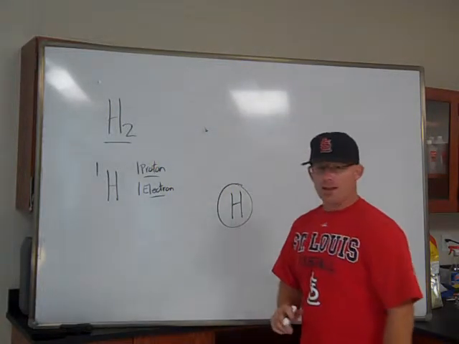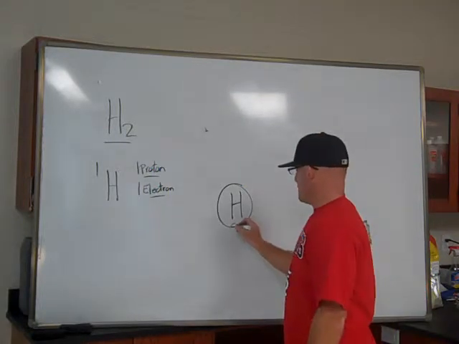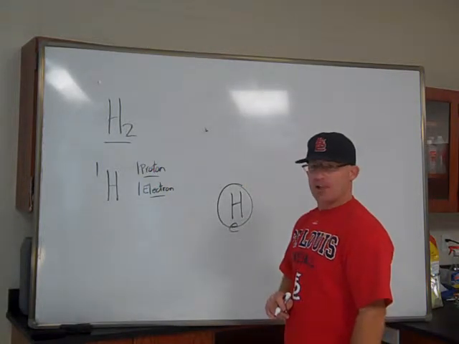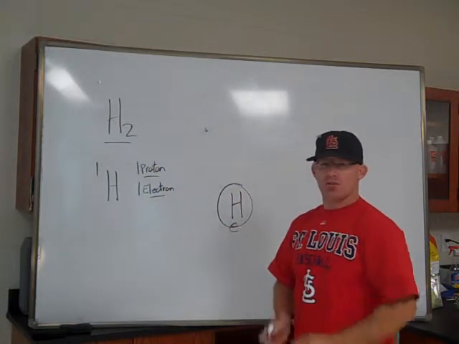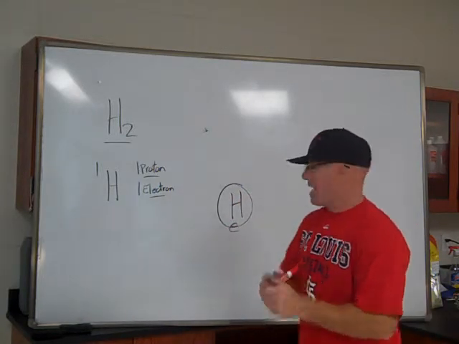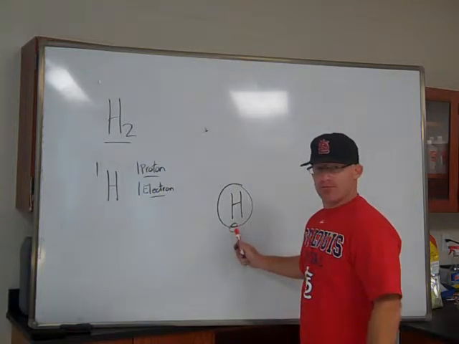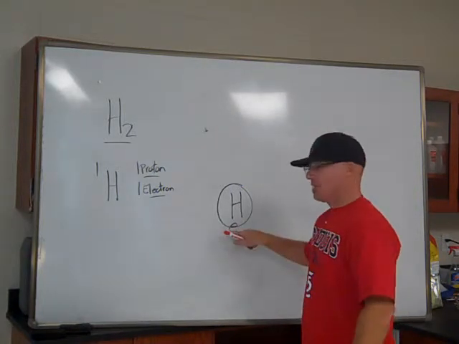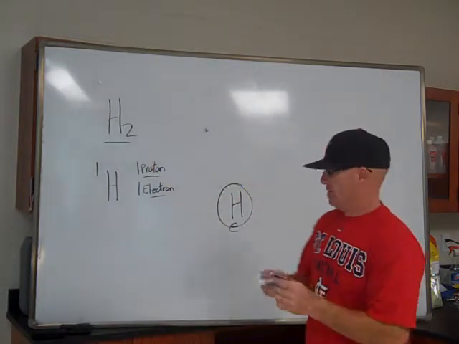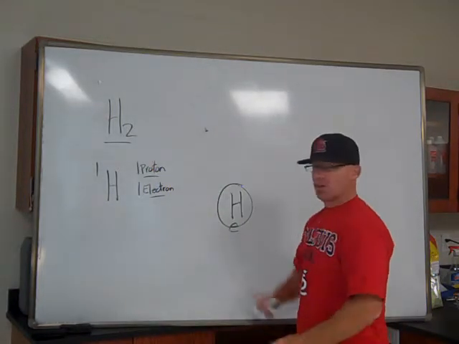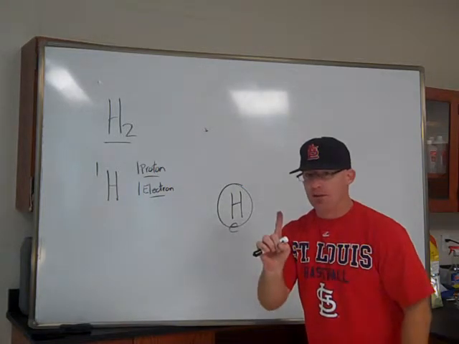It only has 1 electron shell, and there's 1 electron floating around in that shell. So how many does it need to fill its shell? There's my first 2 questions. Number 1, how many do I have? 1. The second question, how many do I need? Hydrogen can fit 2 electrons in that outer shell, so I need 1.